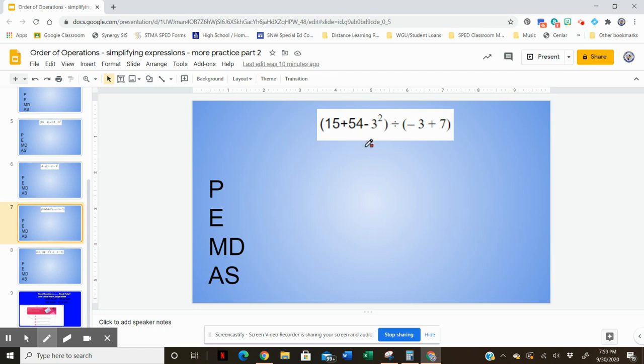And that exponent is 3 squared. I know that 3 times 3 is the same thing as 9. And then I'm just going to bring down the rest of the problem. 54 plus, I got my 15.